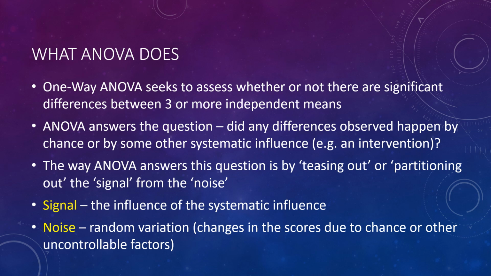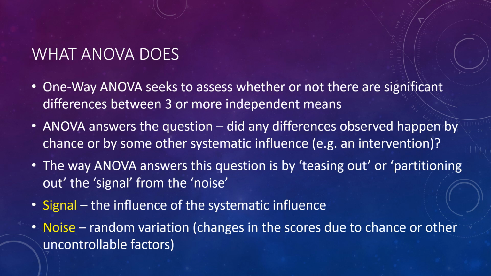Well, we know that chance alone can cause differences, and so we think there's going to be a signal there. Now, the thing is, the signal may or may not be there. We actually have to partition out that signal from all this random noise. And you might want to think about this random noise as random variation. We'll call it within groups variation coming up.